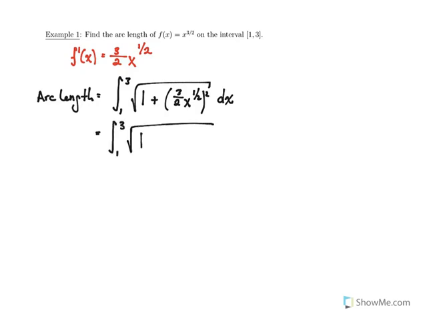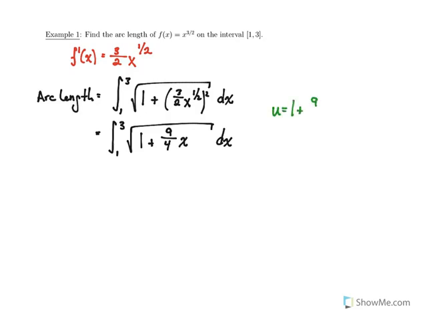First, we can square the 3/2 x to the 1/2. That's going to give us the 3/2 squared, which is 9/4, and x to the 1/2 squared is x. If we want to solve this integral, we can use a u substitution.